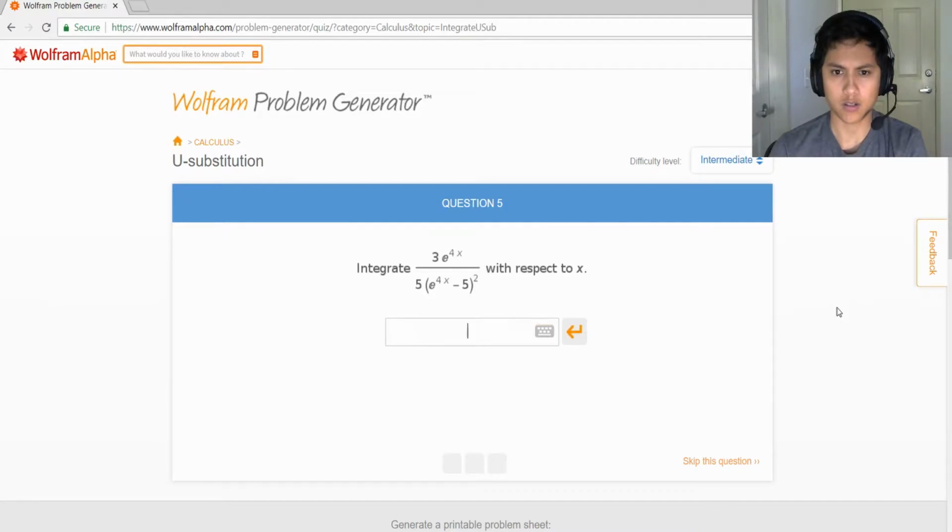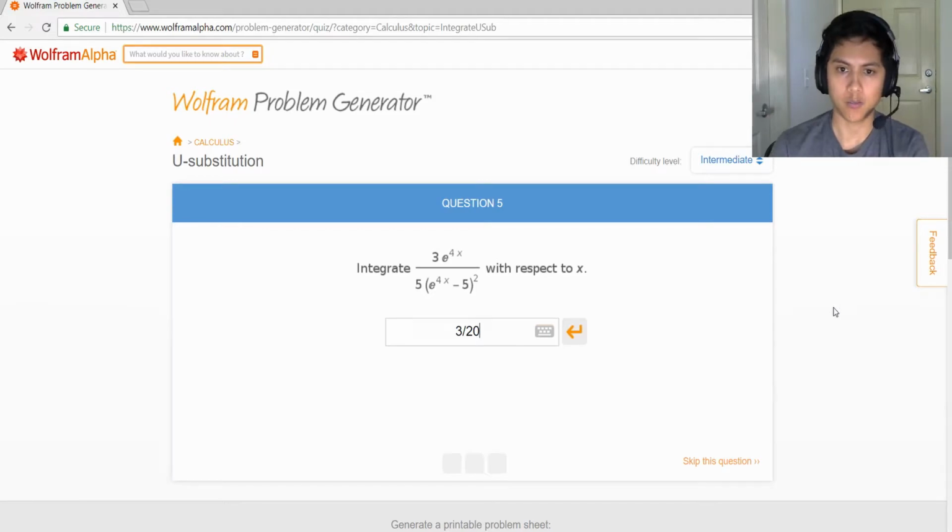Integrate this thing with respect to x. 3, 4x. Okay, just let e to the 4x minus 5 be equal to u. Alright, so then we'll have 4e to the 4x dx. Okay, wait. Sorry, I'm tripping here. 4e to the 4x. Okay, so 3 over 20 as my prefactor.